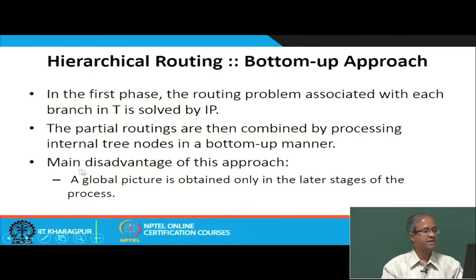But the problem, as compared to the previous top down approach, where you started with a global view of the problem, tried to divide it up into partitions and solve it, is that here you are looking at the smaller sub problems and trying to combine them together, but you do not know what your final routing problem will look like. So, you will get the global picture only much later. In practice, some mixture of top down and bottom up can be used for handling large problems.